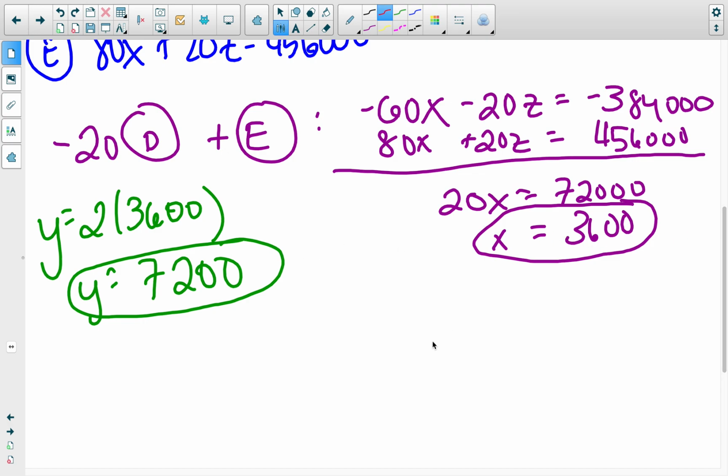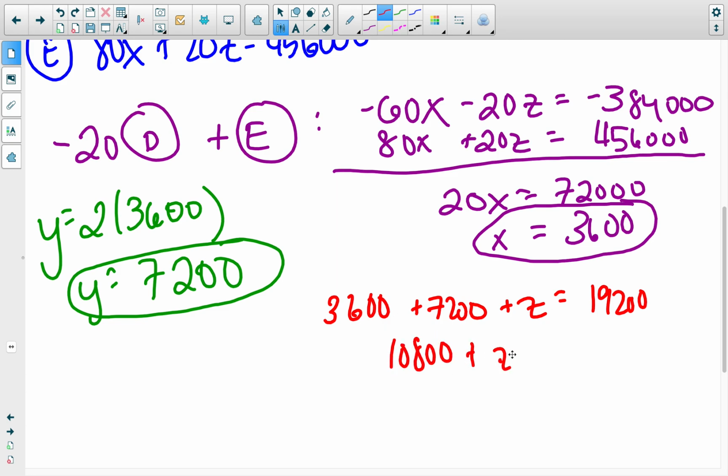Okay, so plugging this into the first one, we'll have 3,600 for x plus 7,200 for our y plus z equals 19,200, meaning that 10,800 plus z equals 19,200 and z equals 8,400.